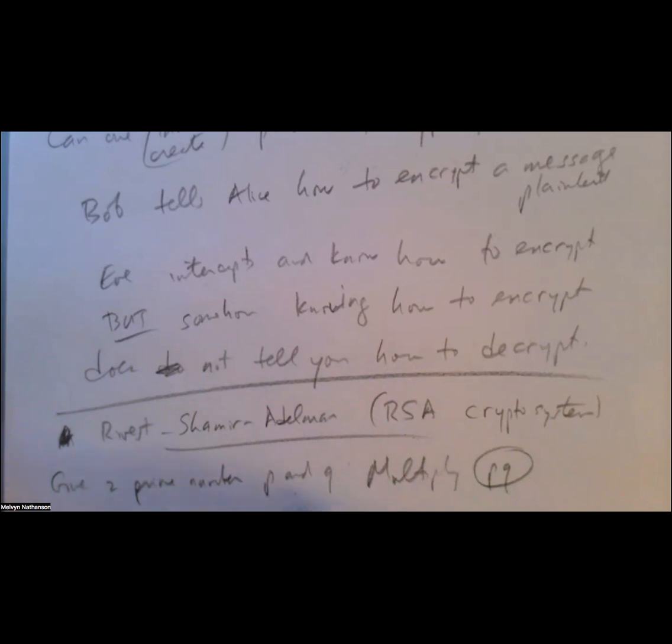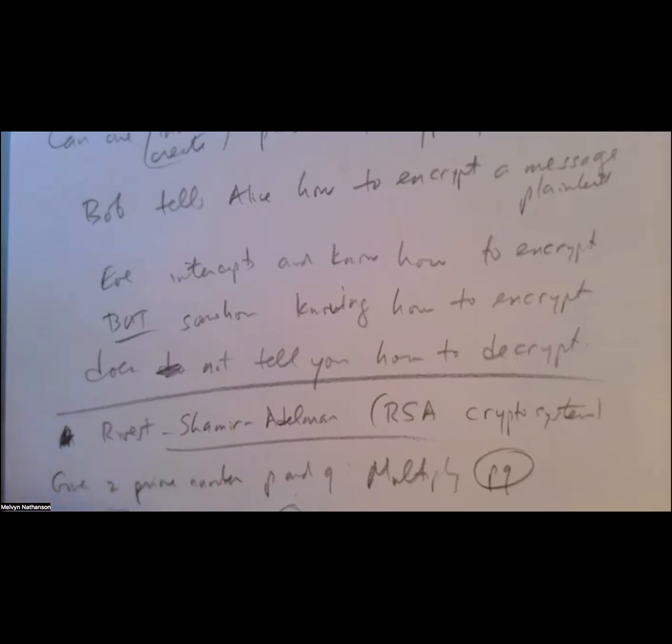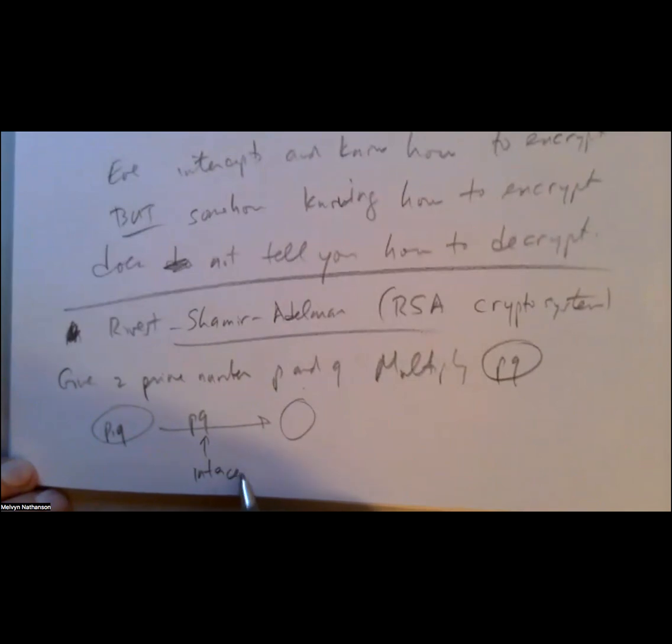So if you're given P and Q, you can multiply them. So let's say here I have P and Q, and I send, well, I don't send P and Q, I send their product, PQ. And someone intercepts that. This is an intercepted message.